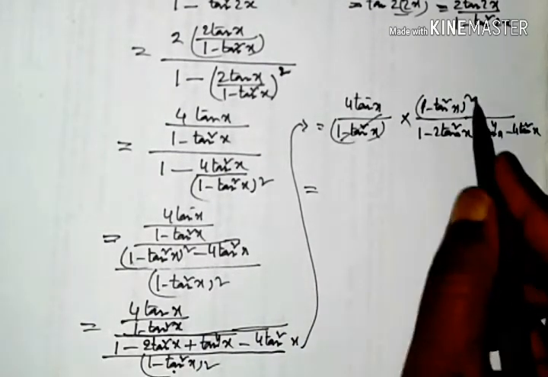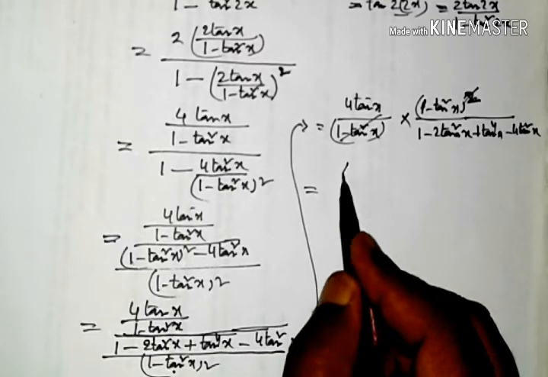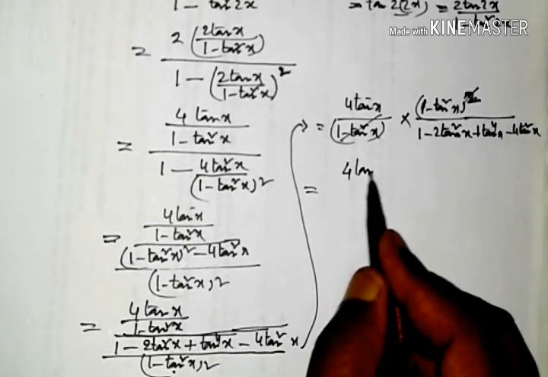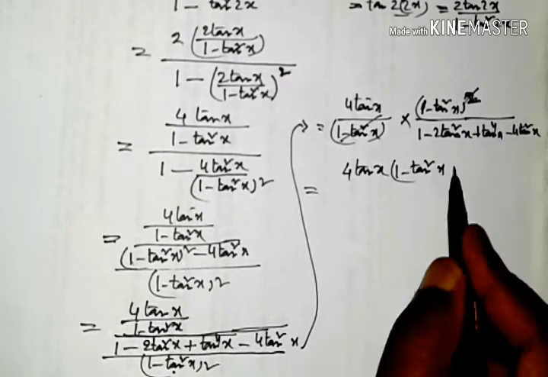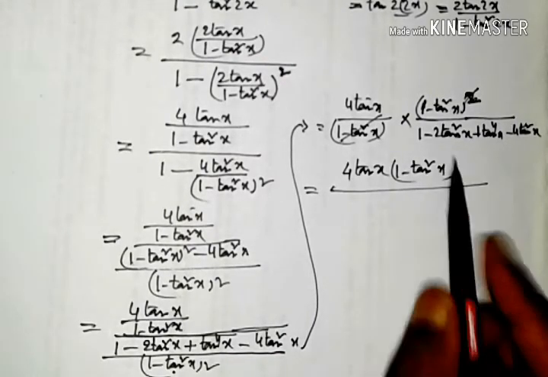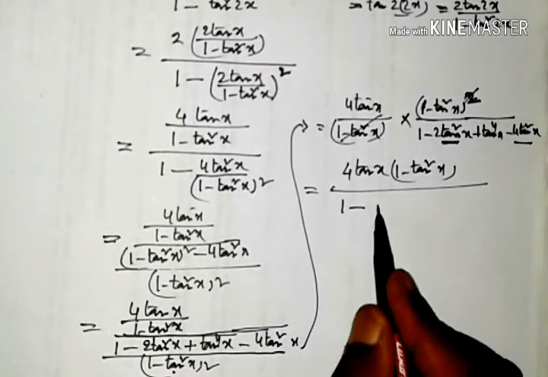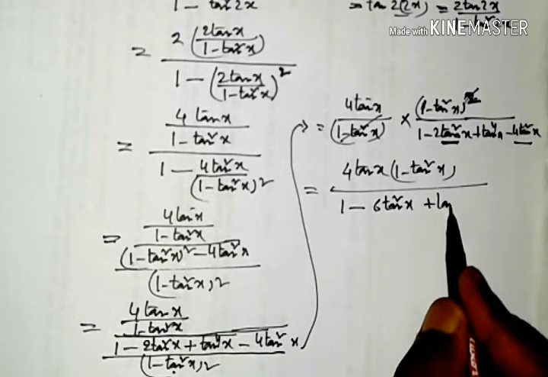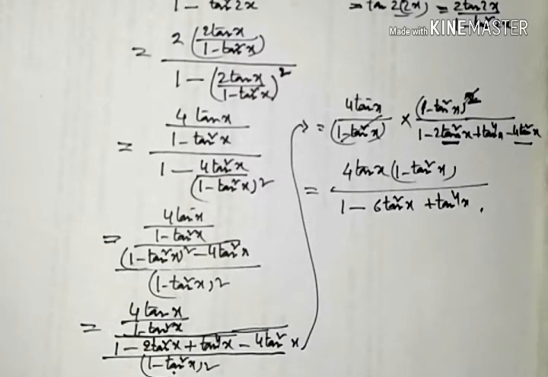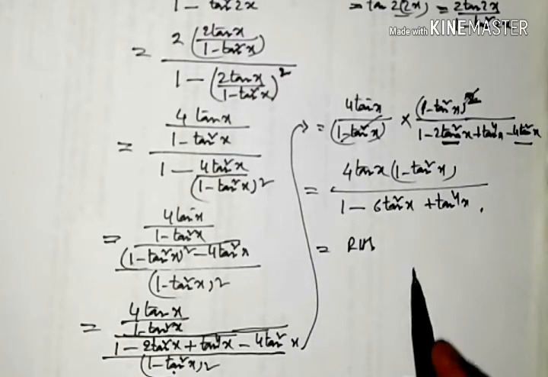Now this square and this cancel. Therefore in the numerator remains 4 tan x (1 minus tan square x), and in the denominator 1 minus 6 tan square x plus tan to the power 4x. This is RHS, therefore proved.